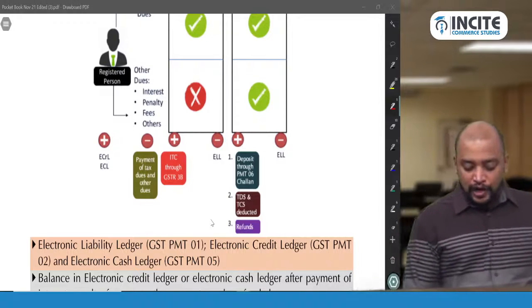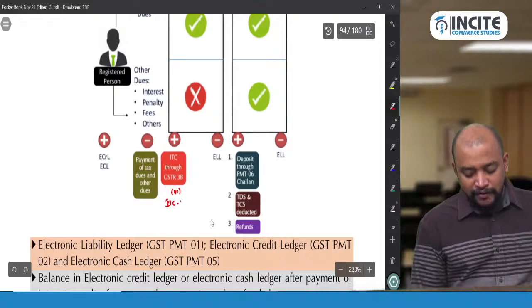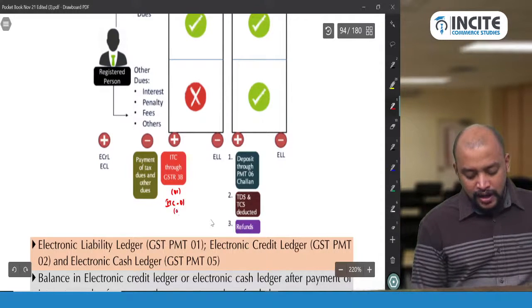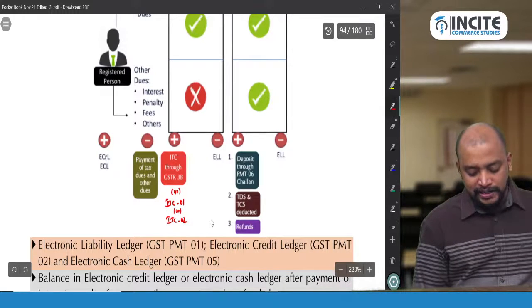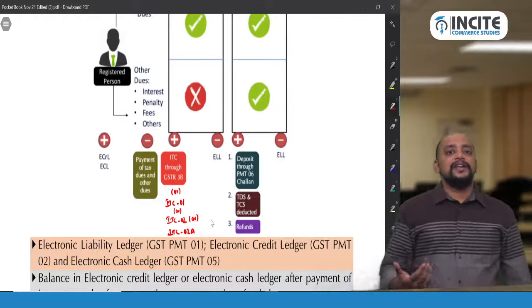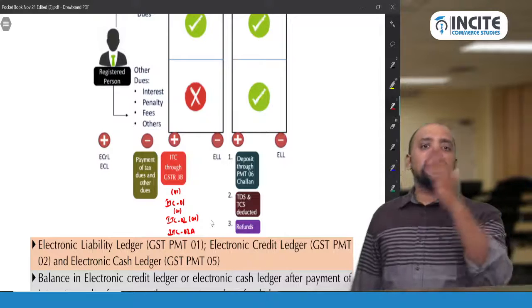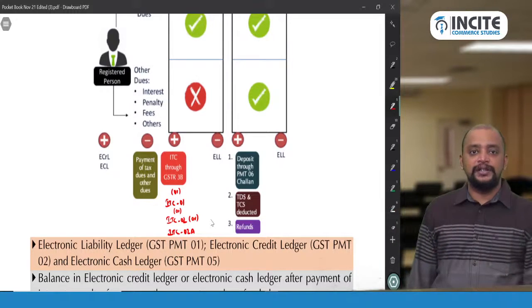So therefore, not only through 3B, but also form ITC-01, form ITC-02 or form ITC-02A. So 1 is availment of ITC on closing stock under 18(1), and 2 is for transfer of ITC, in case of transfer of business.